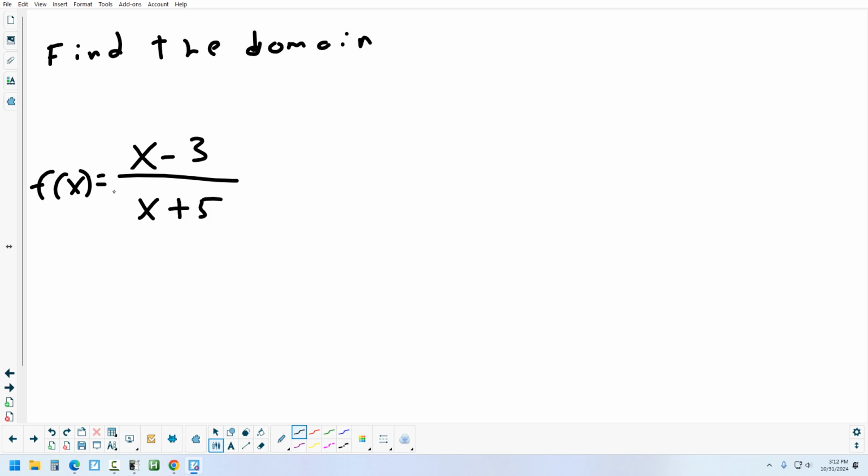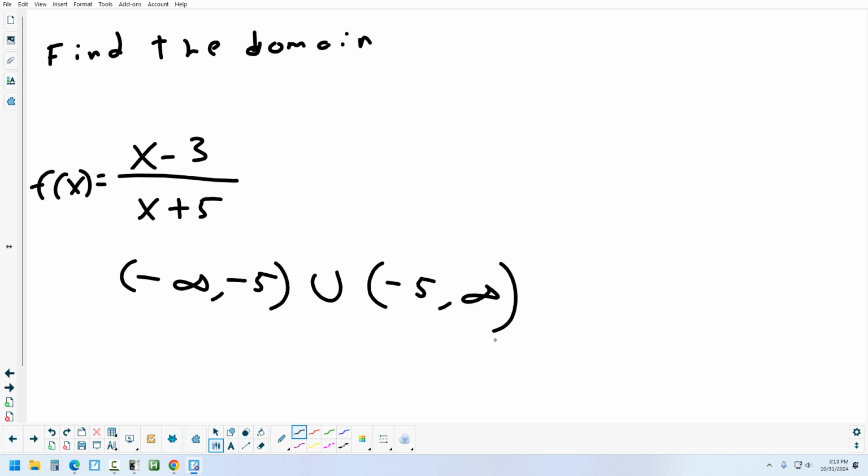You cannot use negative 5, but you can use anything lower, or anything higher. So that would be your domain. So it's everything except negative 5. If they allowed you to use this symbol, you could, but usually I ask you to write it as an integral.